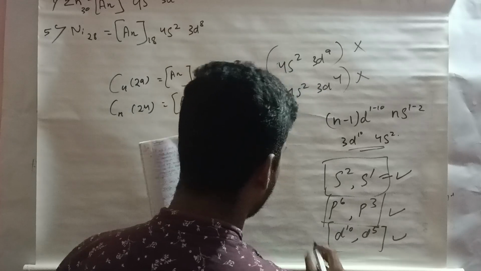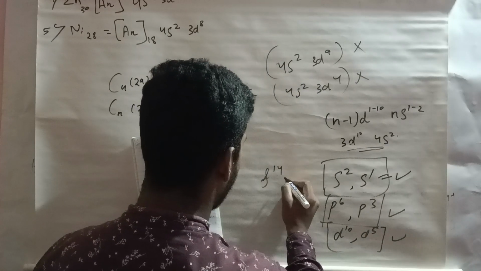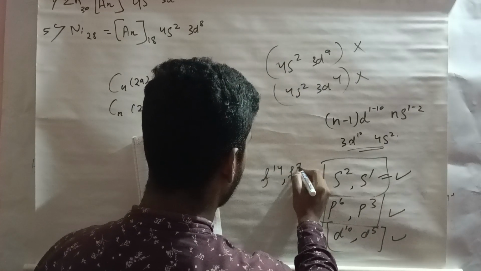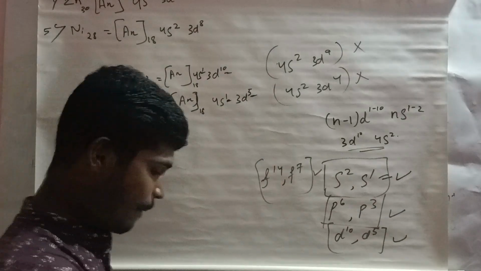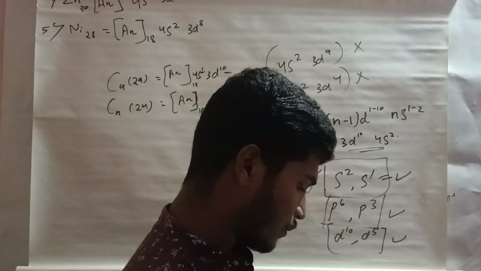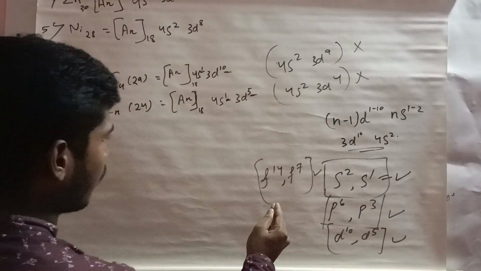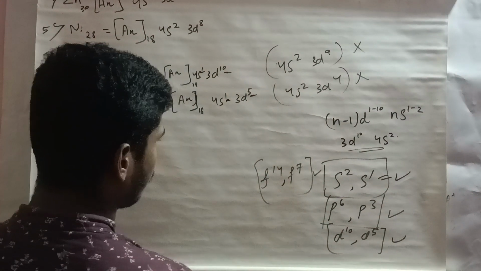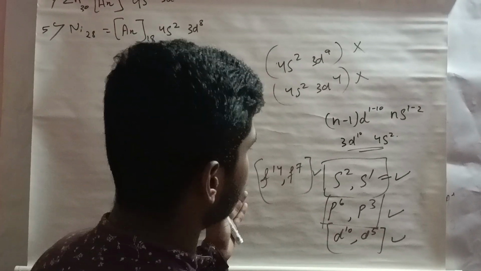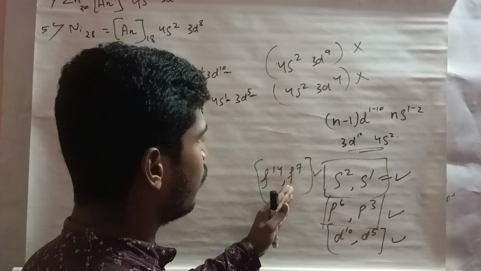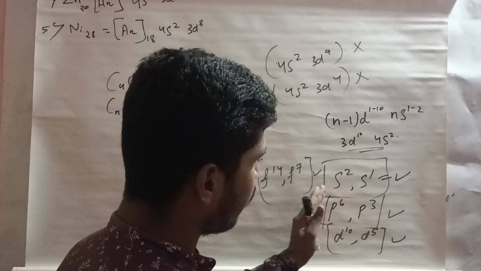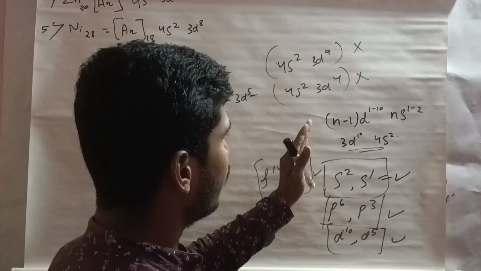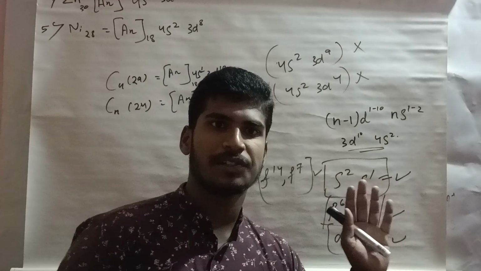In case of F, if it is 14 or 7, then it is stable. If the number of electrons is full or half, then this is known as stable.